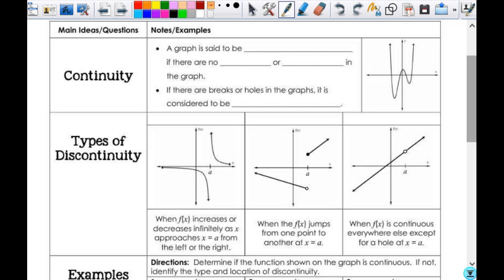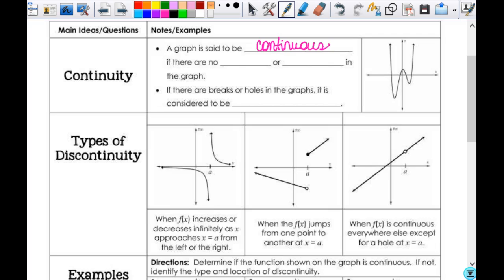So continuity, that is a form of what word? Continuous, or to continue, right? So we're looking at whether or not a graph is continuous. So it says a graph is said to be continuous if there are no breaks or holes in the graph.